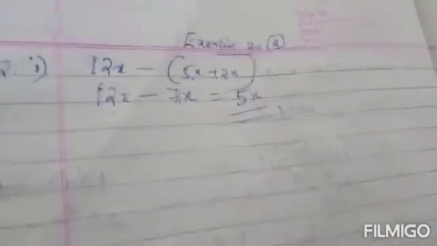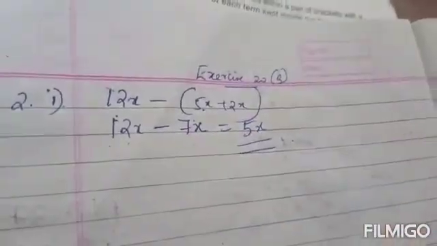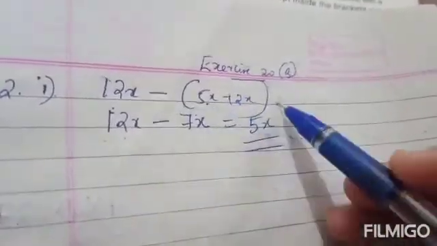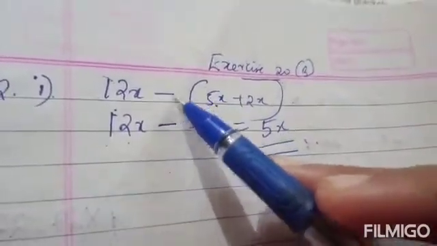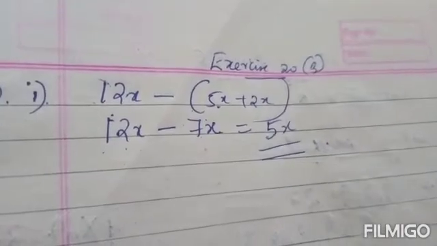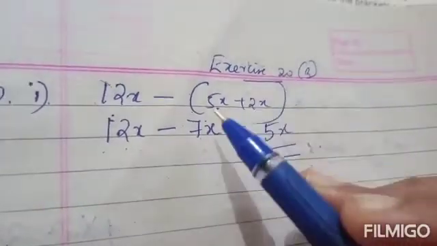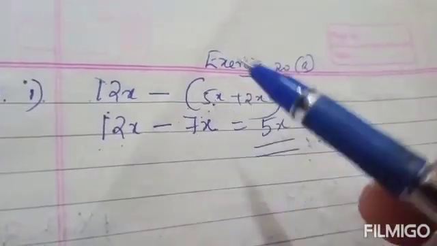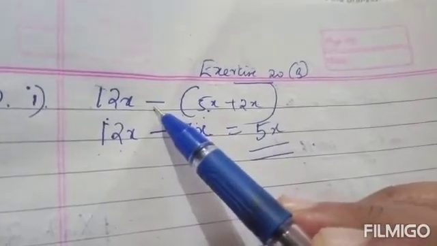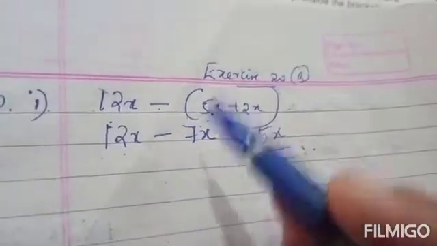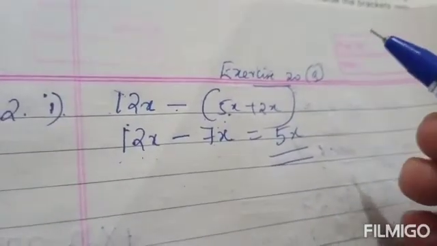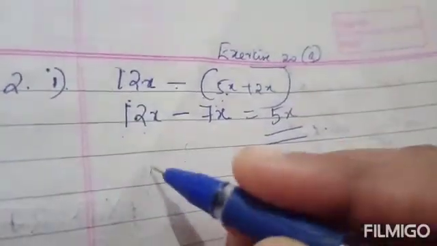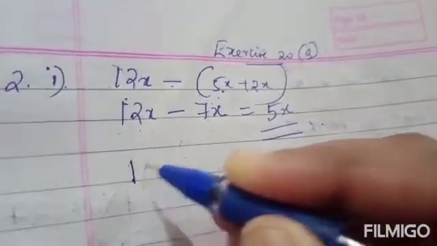Back to our question. While opening the bracket in this question, we need to change the sign of the terms inside the bracket. Here a minus sign is coming before the bracket. So it will be 12x.